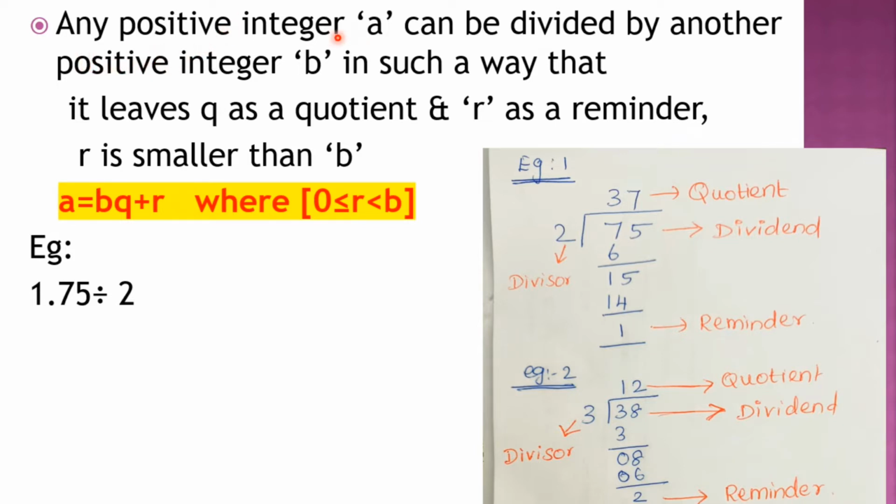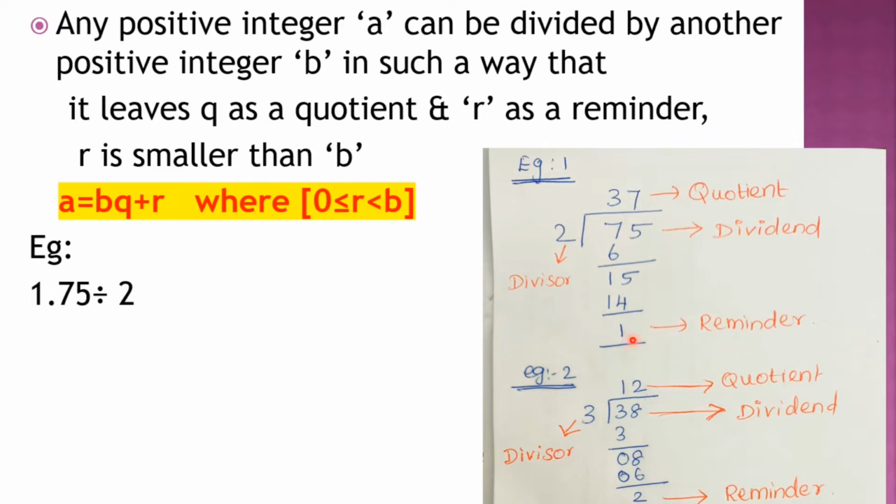Any positive integer a, this 75, can be divided by another positive integer b, that is 2, in such a way that it leaves q as a quotient, this 37, and r as a remainder, this 1, where r is smaller than b.